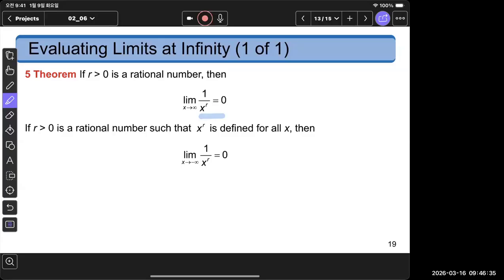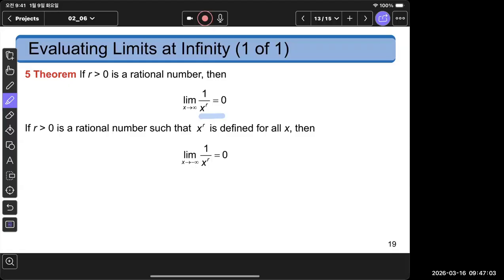So the numerator is fixed, constant. But if the denominator is increasing in magnitude without any bound, then the whole value will decrease to 0. So if r is any positive rational number, then the limit of 1 over x to the r will be 0.